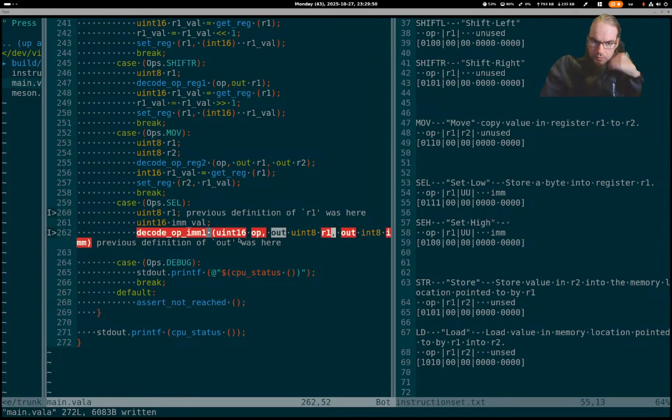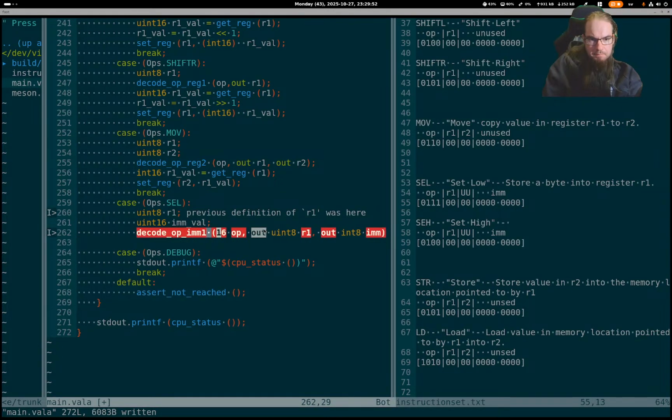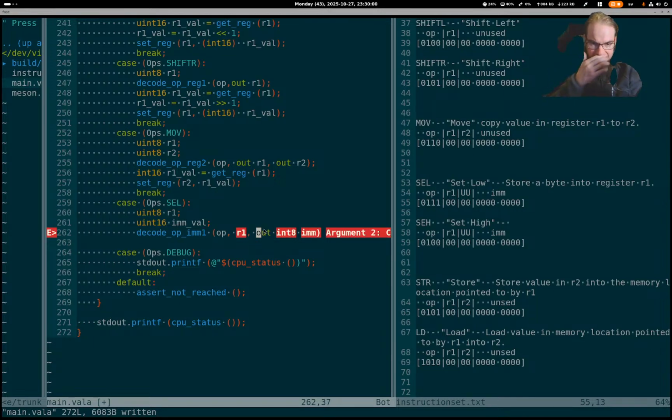So we are going to have the opcode input. The output is R1 and im is going to be our im val.